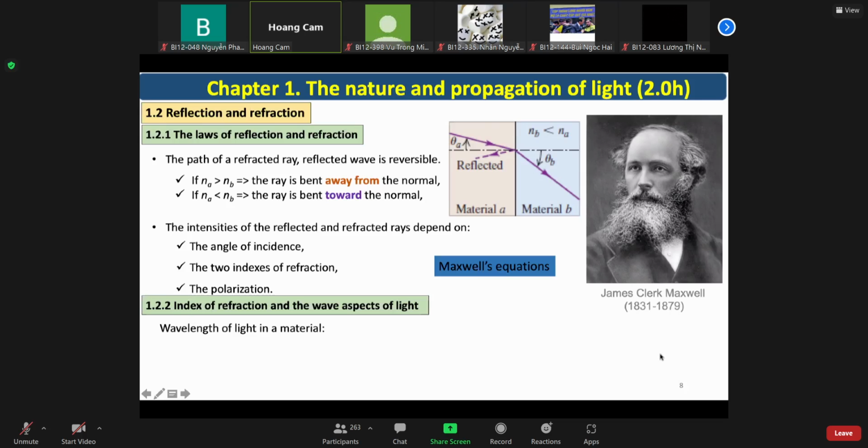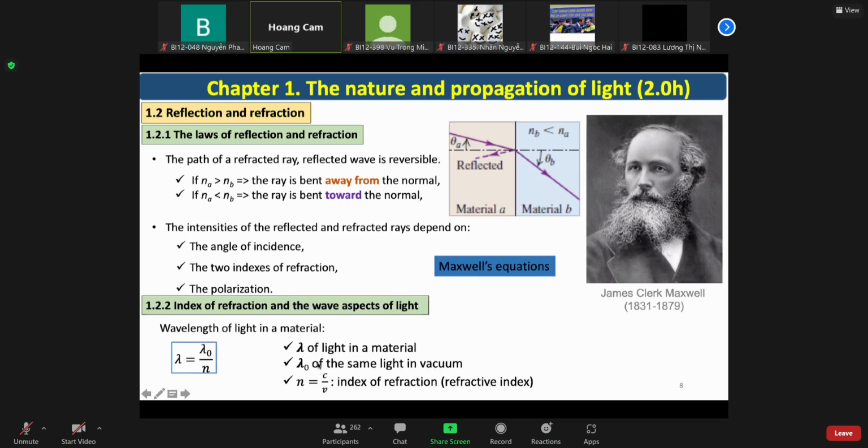The wavelength in different materials will be different as well, following the expression that the wavelength of light in the material, lambda, equals lambda 0 divided by n. So you see the decrease of the wavelength from lambda 0 when it travels in vacuum to lambda, the wavelength in the material, in which n equals c over v, the index of refraction, or the refractive index.